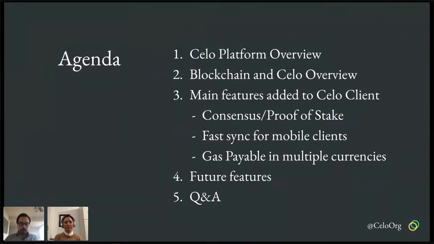Then I'm going to do a deep dive of some of the main features that we've added. This is certainly not a comprehensive list of the features that C Labs has added to our client, but I think this is a good representative set. After that deep dive, I plan to discuss some of the future features that we plan to implement. And then Judy and I will open it up for Q&A.